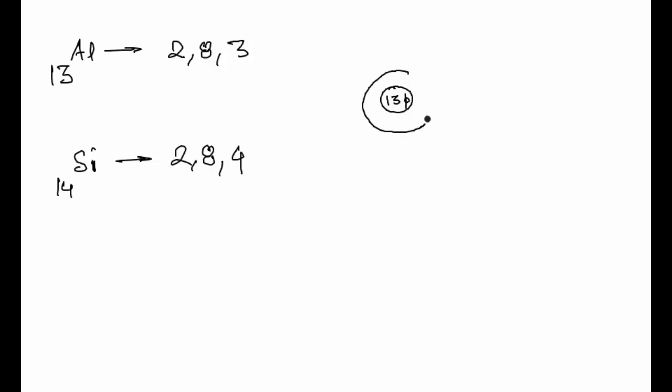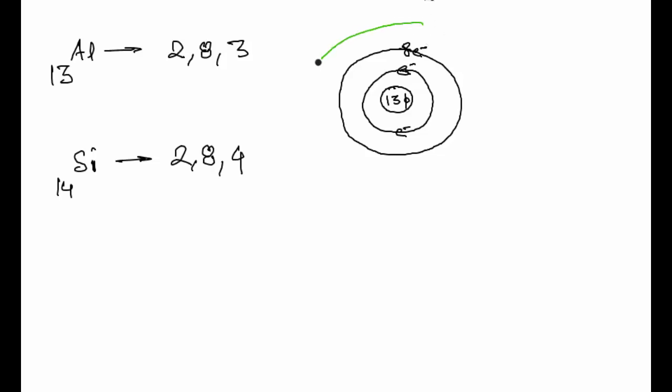In the first shell there are 2 electrons, in the second shell 8 electrons, and in the third shell, that is your outermost shell, 3 electrons. So each of these 3 electrons is facing the attraction force of 13 protons.